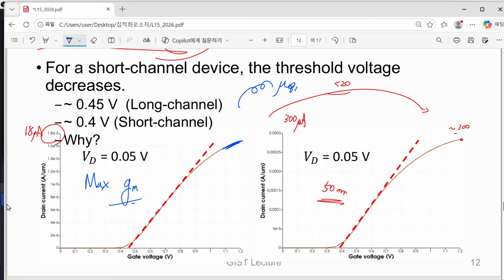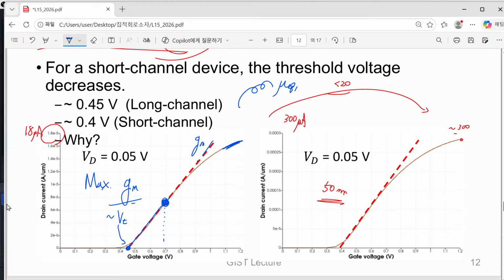Try to find out the maximum GM value. And where do we have this value? About 0.7 volt. Then starting from this point, just draw the GM line. This slope is corresponding to maximum GM. And when it reaches the vanishing current point, this one is regarded as the threshold voltage of our transistor.